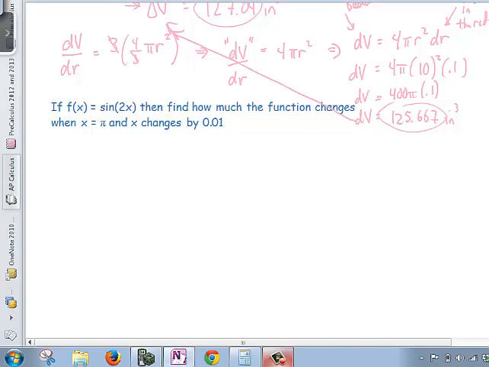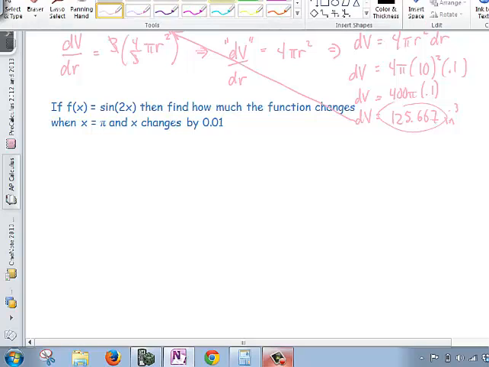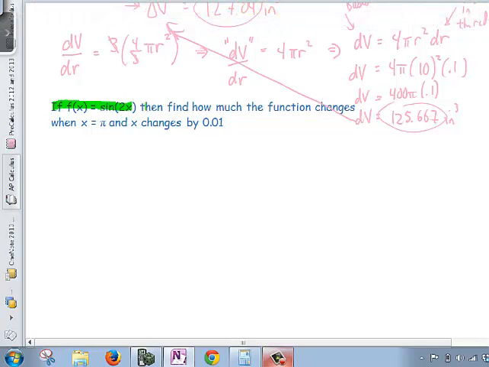Let's take a look at another example. If my function is the sine of 2x, find out how much the function changes when x equals pi and x changes by 1/100th.